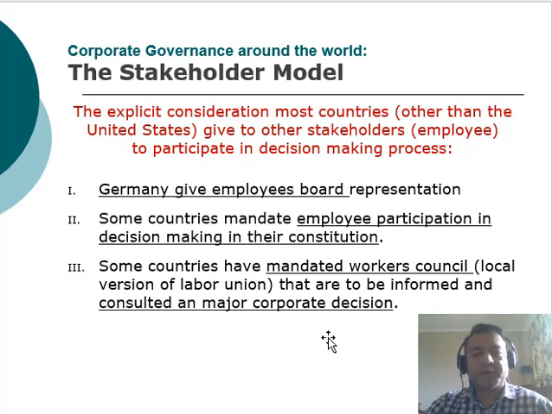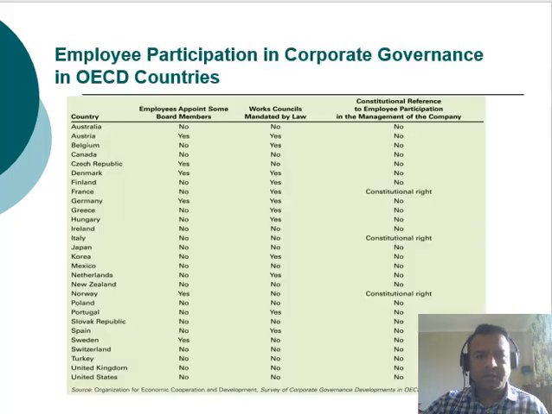In Germany, it also gives employee board representation. Some countries mandate employee participation in the decision-making process in their constitution, and some countries have mandated workers' councils, the local version of the labor union, that are to be informed and consulted on major corporate decisions.